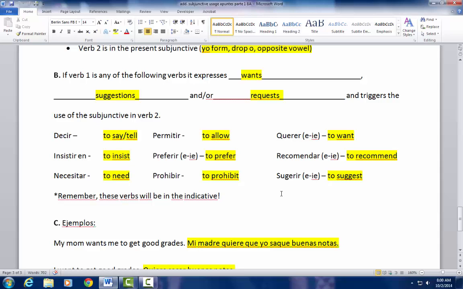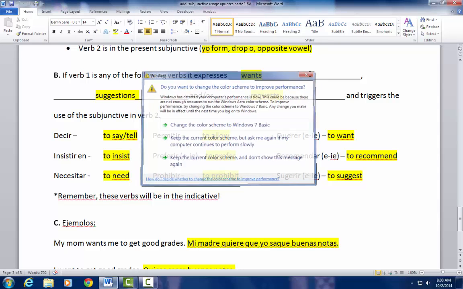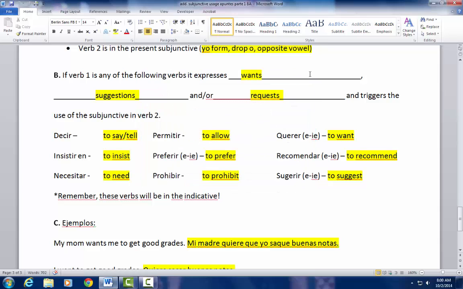Necesitar, to need. Permitir, to allow. Preferir, to prefer. Prohibir, to prohibit. Querer, to want.